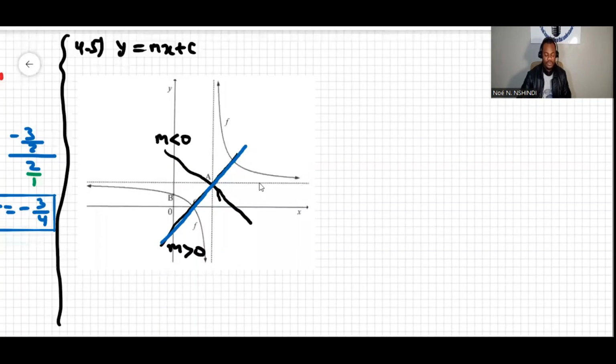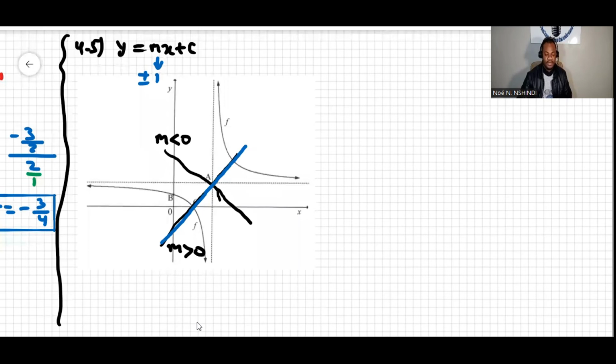The other thing we need to note is that for the line of symmetry, the gradient is always plus or minus 1: positive 1 for the increasing line, and negative 1 for the decreasing line.